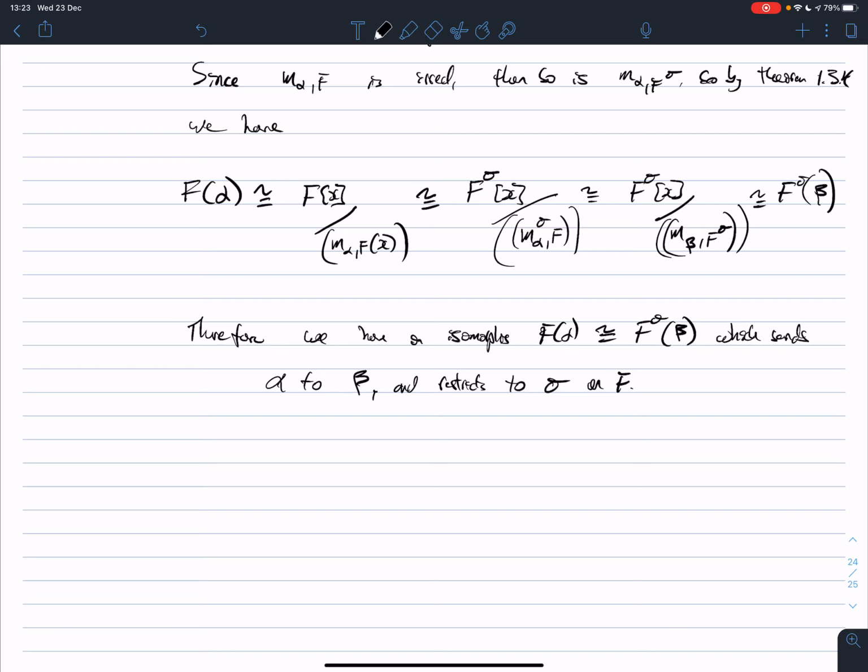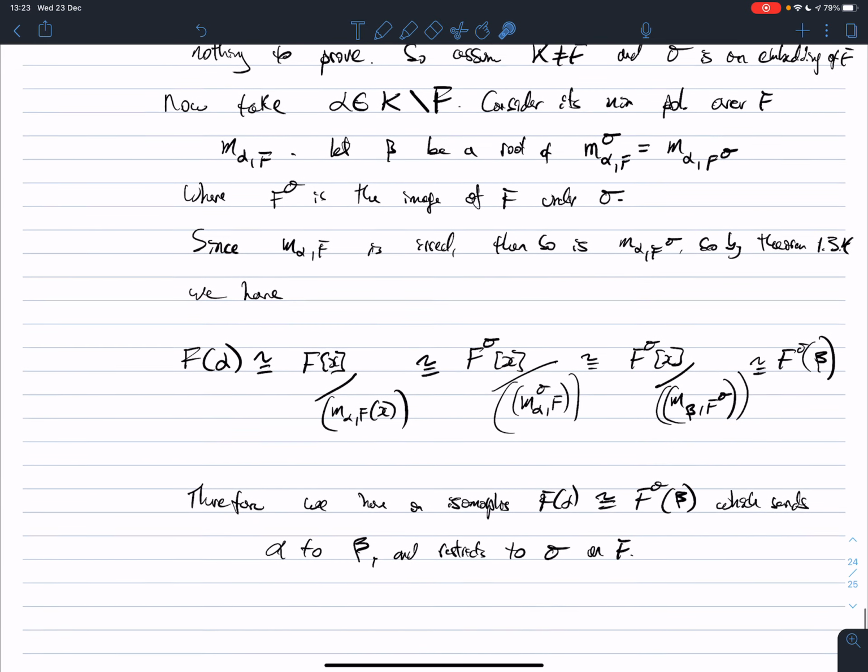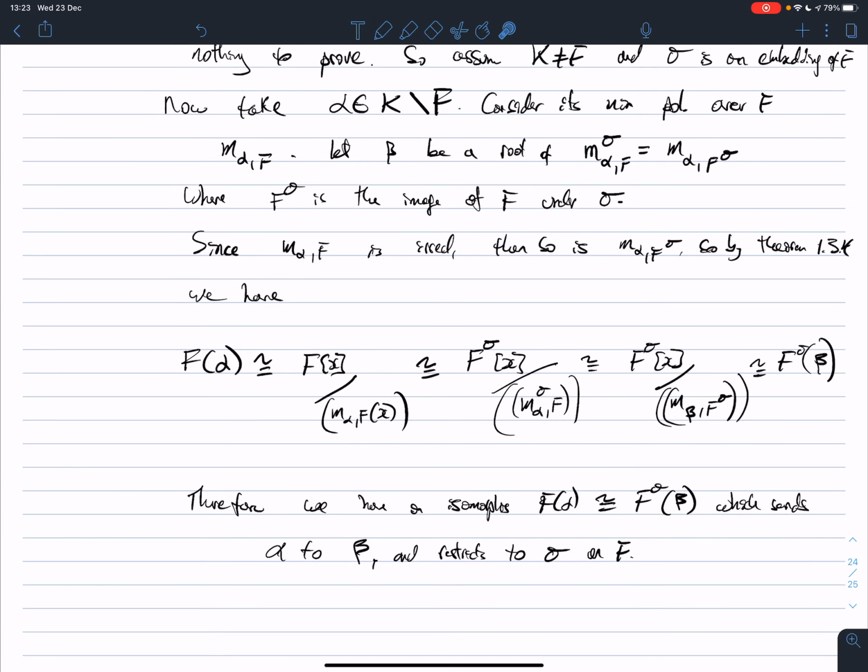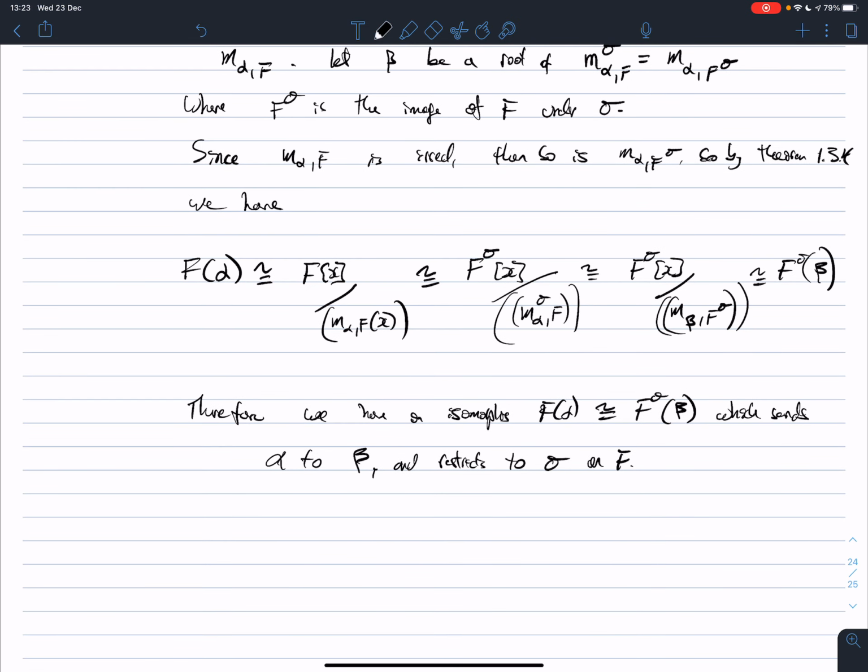If we now do this for each root of the polynomial m_α,F^σ, we get a bunch of different isomorphisms, which gives us a bunch of different embeddings.